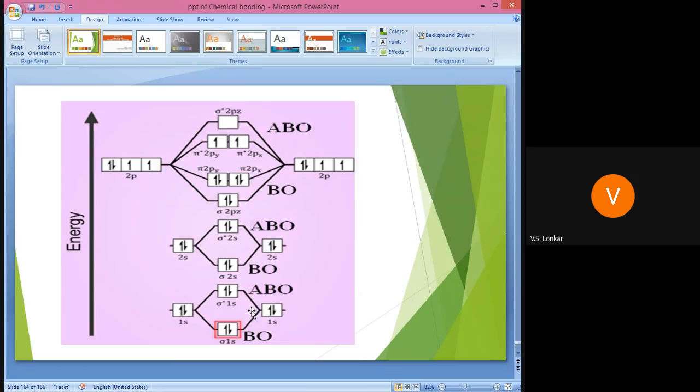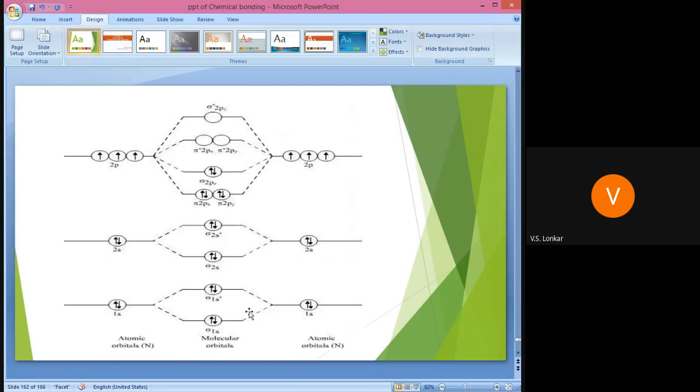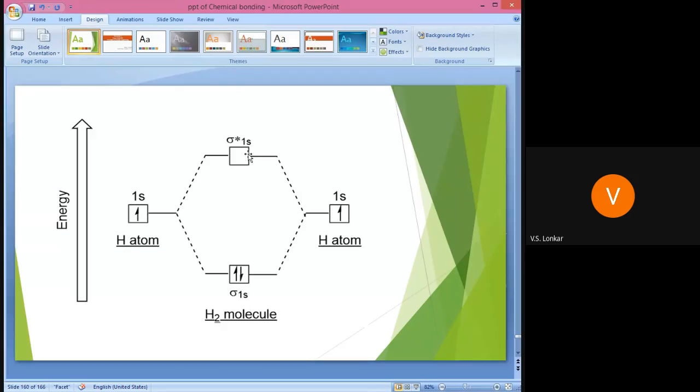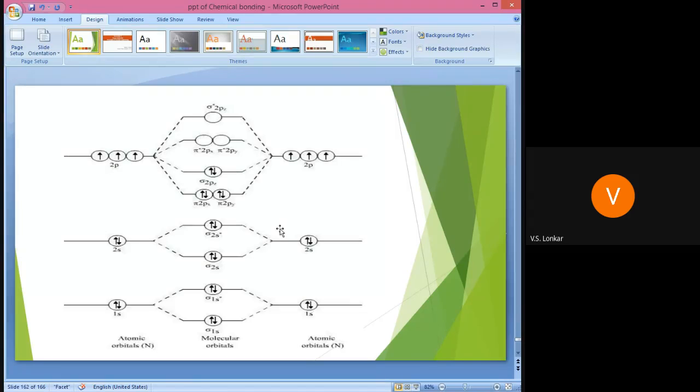But in the case of hydrogen, there is no need to draw the other atomic orbitals; only show its 1s atomic orbital. Whenever you draw for the oxygen, nitrogen and fluorine molecules, represent the 1s atomic orbital as well as sigma 1s and sigma star 1s molecular orbitals in the diagram.